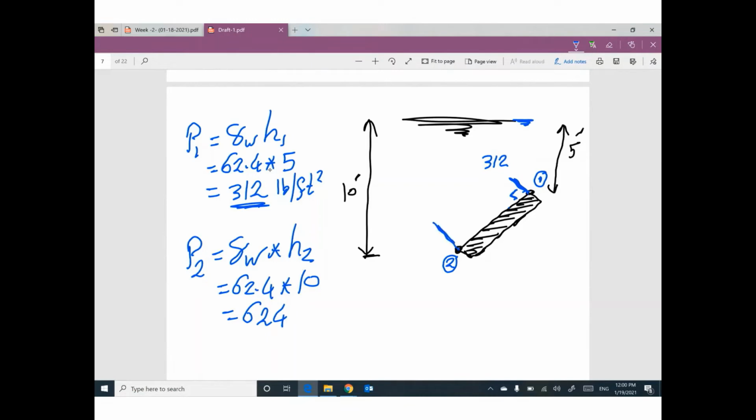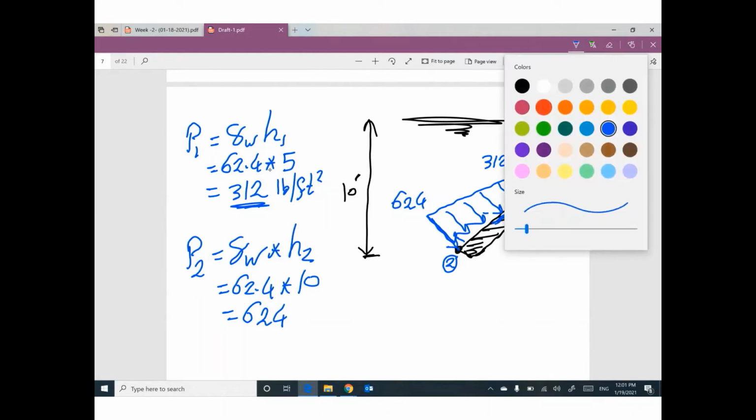Your value will be perpendicular to this surface, 624. If you connect the two values, your pressure looks like this trapezoid, but this trapezoid is perpendicular to this surface.